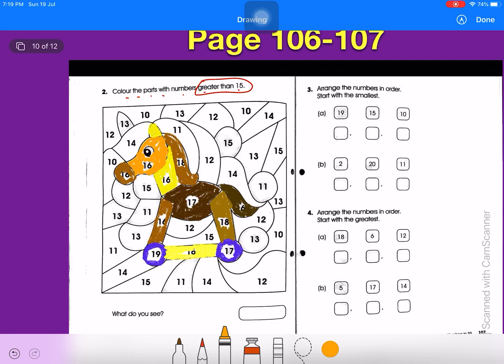So that's it, no? What you found? What do you see? Okay, there's a horse. H-O-R-S-E. Okay, it's a toy, so actually it's a rocking horse.